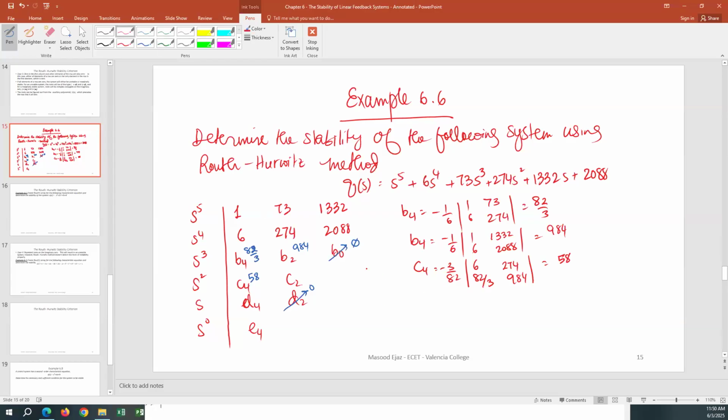And of course, C2, since this is 0, C2 is negative 3 over 82, determinant of 6, 82 over 3, and 2088 and 0, which will give me 6 times 0 is 0, then negative 2088 times 82 by 3 divided by 82 over 3 times negative 3 over 82.